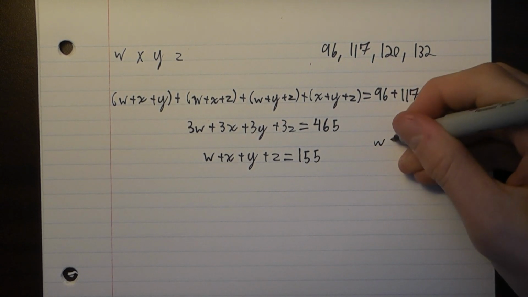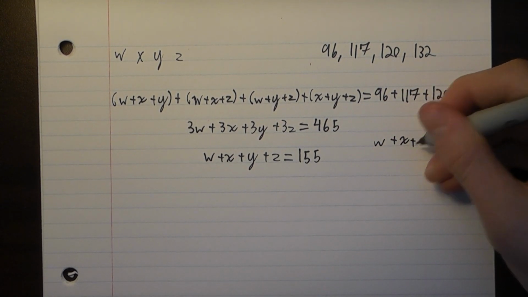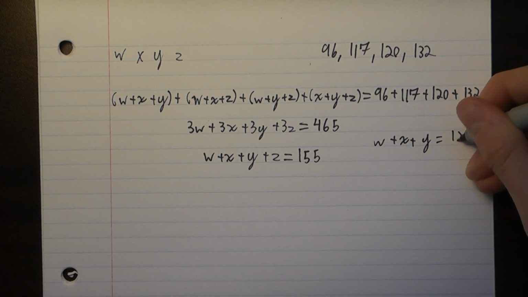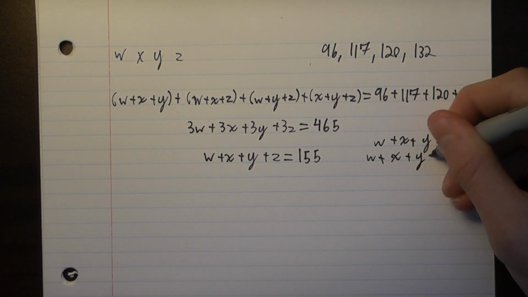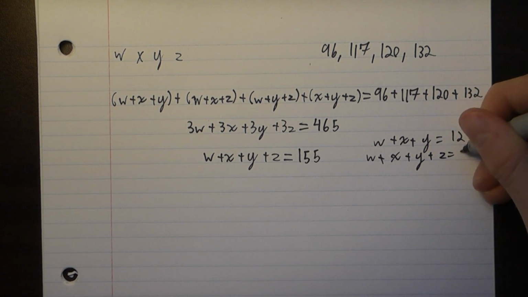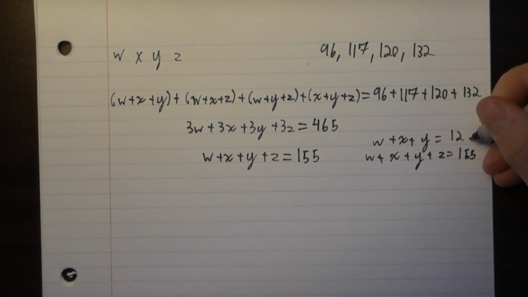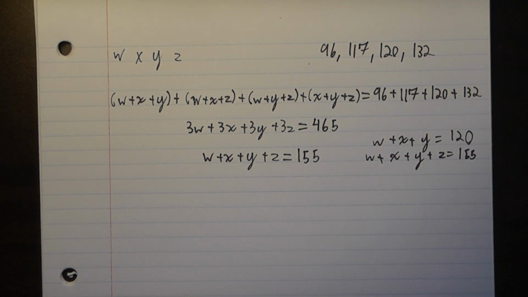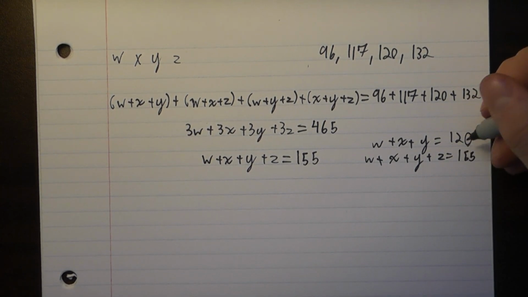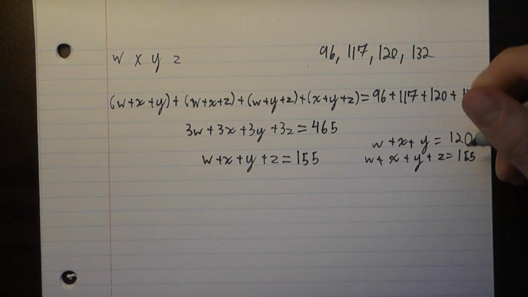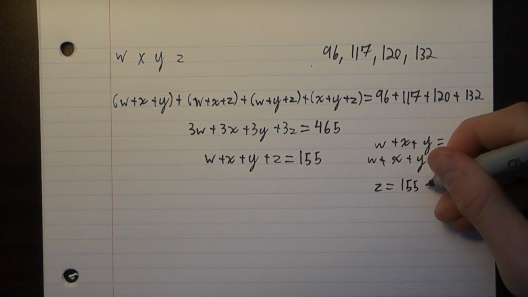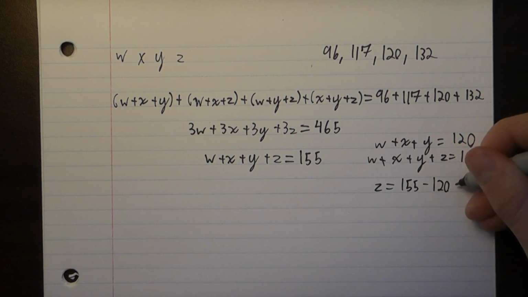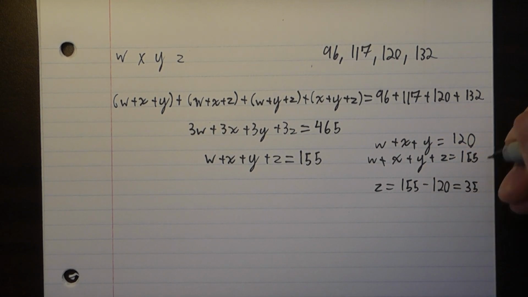So if W plus X plus Y equals 120, W plus X plus Y plus Z equals 155. This means that Z changes it from 120 to 155. So Z equals 155 minus 120, which is 35.